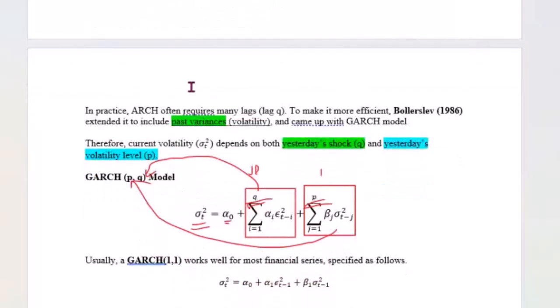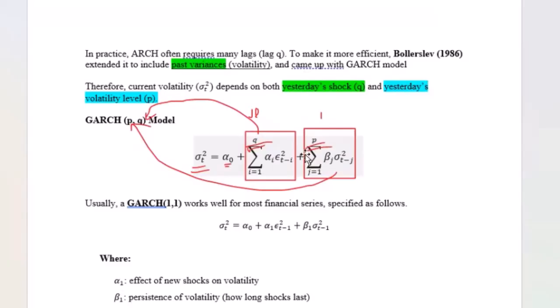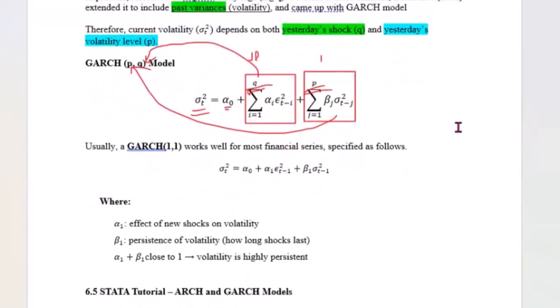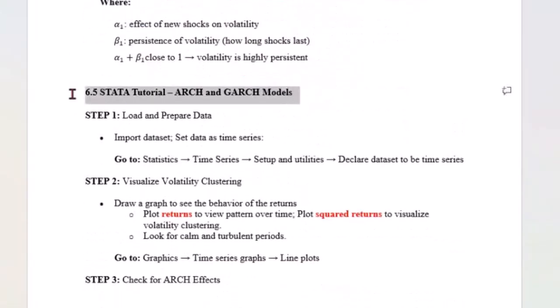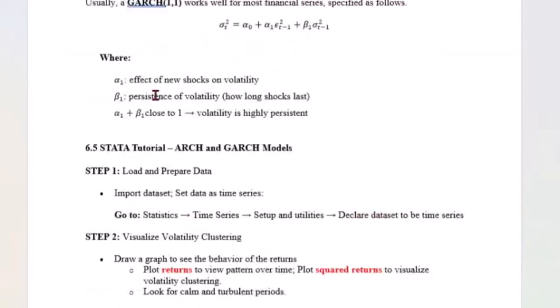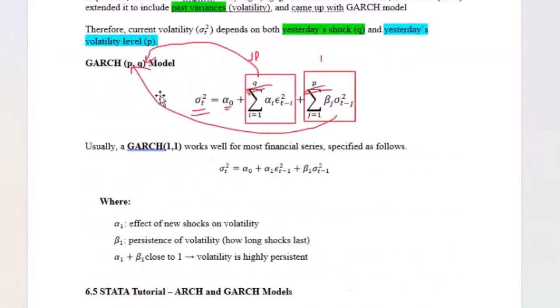But when we come to the GARCH model, we are saying that the current volatility is affected by two things: the previous shocks and the previous volatility. That is the simple difference between the GARCH and ARCH model. So after that, now we go to see how we carry out this analysis and how we interpret the results using the Stata software.